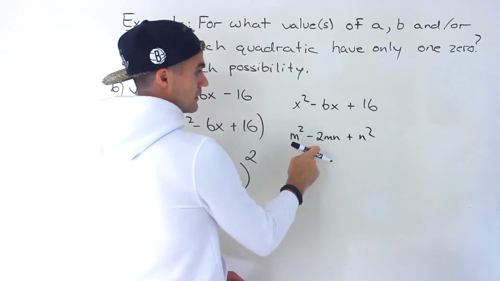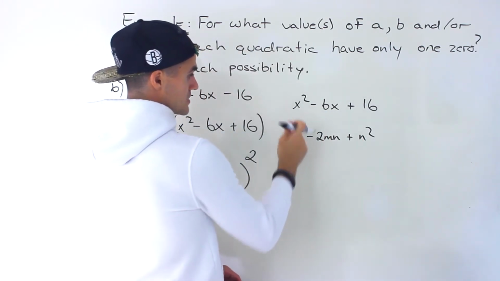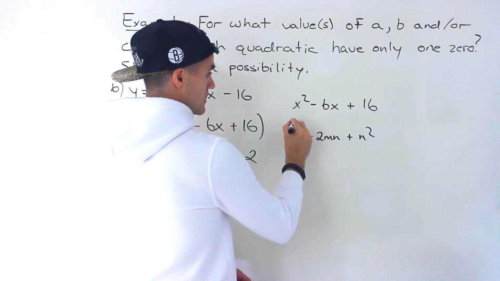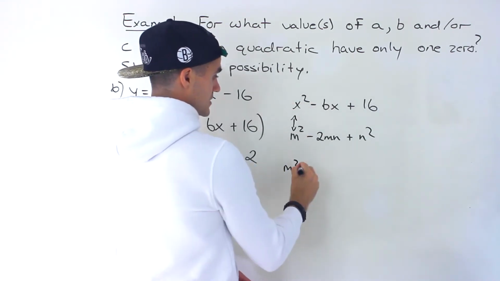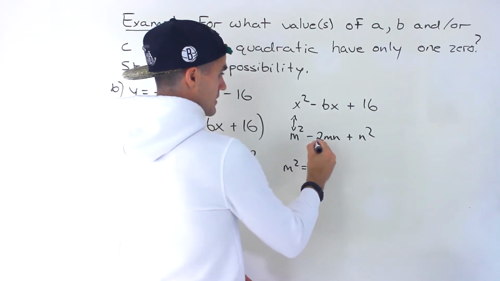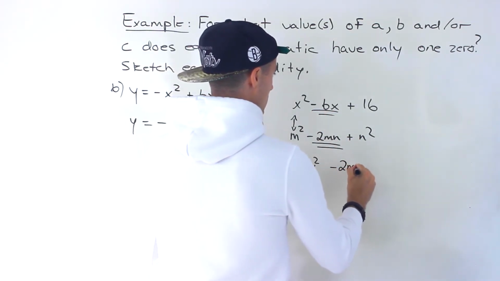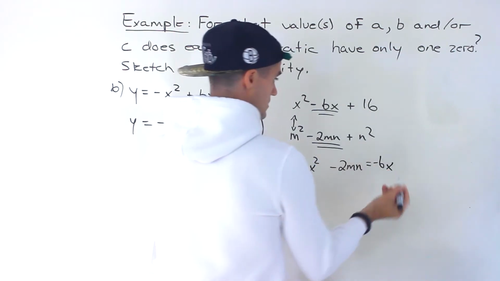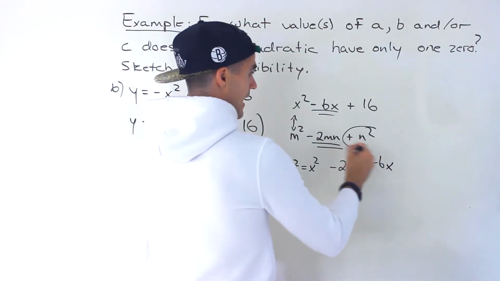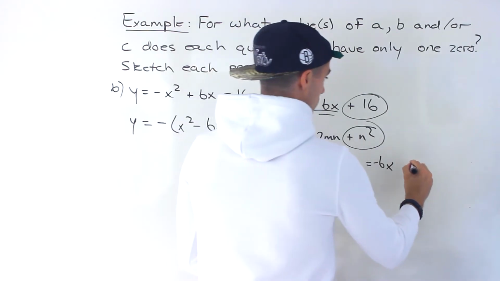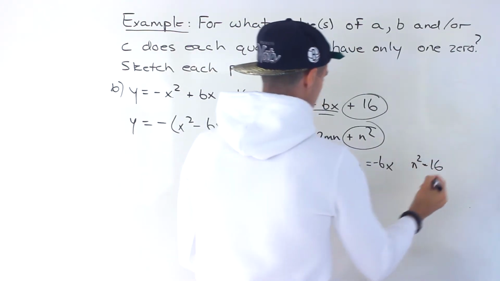Match up the negatives. And so again, notice that the m squared has to equal the x squared. This negative 2mn has to equal the negative bx. And then this n squared has to equal the 16.